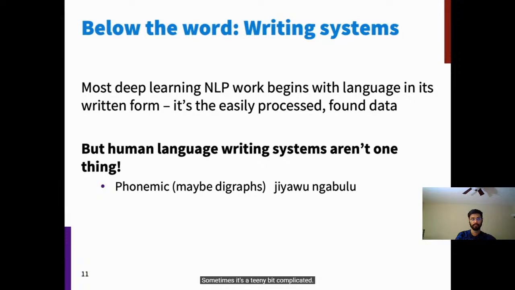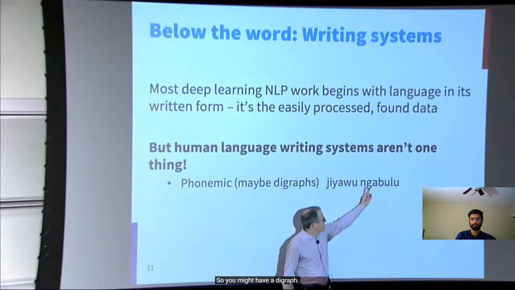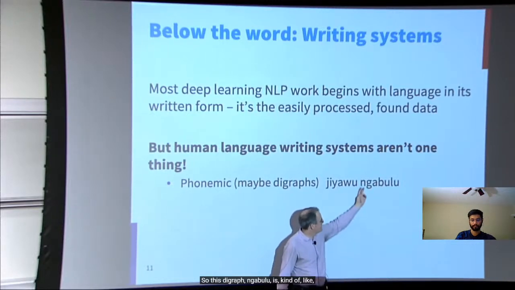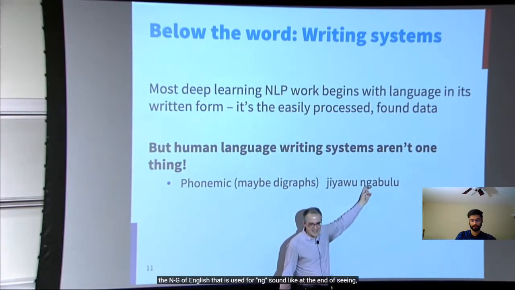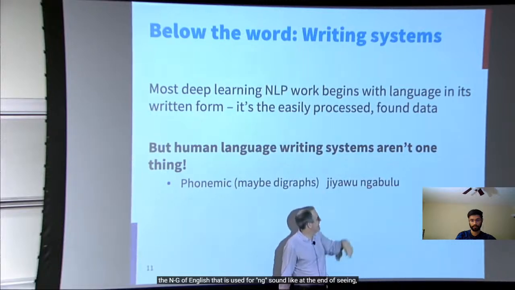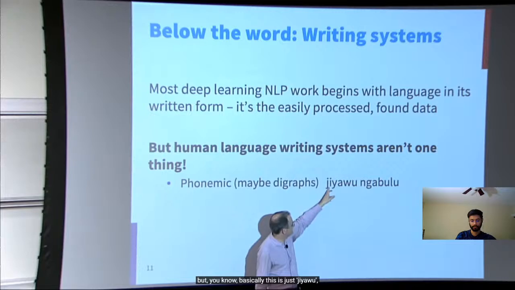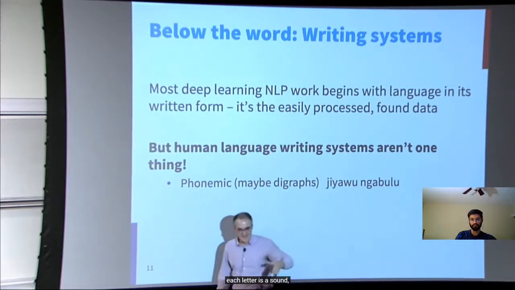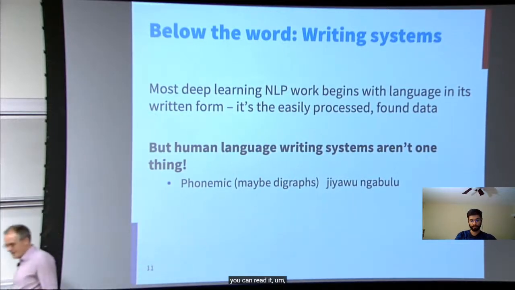Sometimes it's a teeny bit complicated, so you might have a digraph. This digraph, ngabulu, is like the NG of English that is used for the sound at the end of sing. But basically each letter is a sound. You can read it, and it's just phonemic.